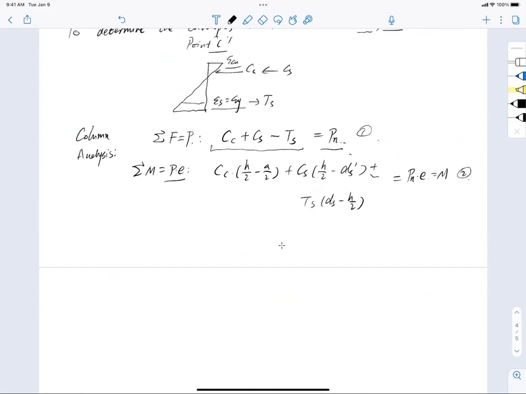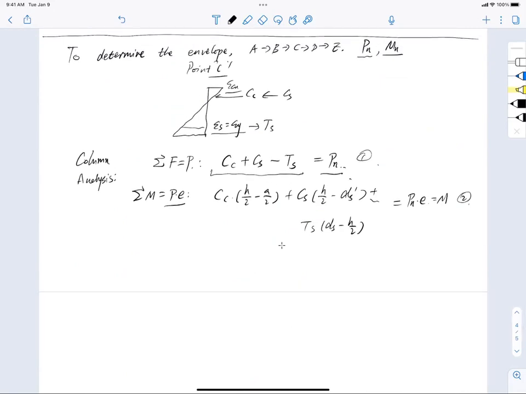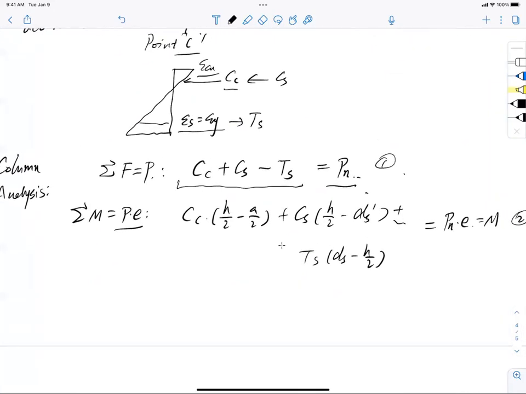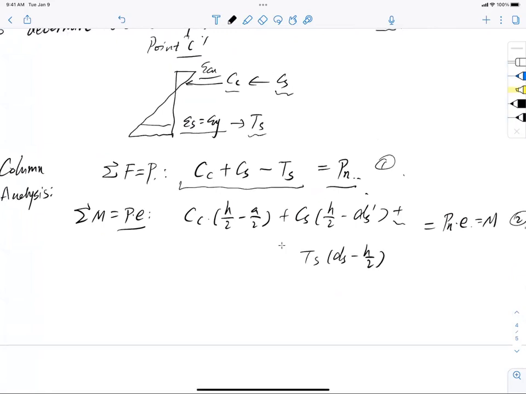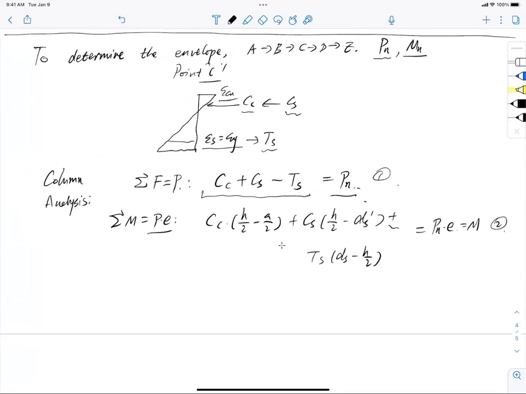Let's open it up and take a look. We now have a compression force from the concrete, a compression force from the steel, and a tension force from the steel, and you can use these equations. Notice that they no longer balance to 0 because they have axial loading, and they also have a moment. Your total moment, the internal moment, should equal the external moment.